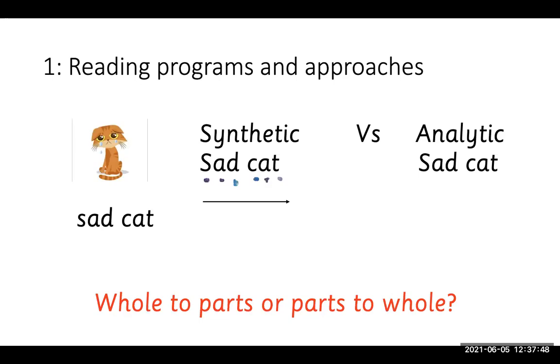So we have two major approaches of teaching reading. The first one is synthetic, and the other one is analytic. In the description, you can see that when we teach through a synthetic phonics program, we synthesize individual sounds into words and make words through blending, like s, a, t, sat. In an analytic phonics program, we read the whole word, and the word is not broken into parts, or the parts are not joined to make a whole word.